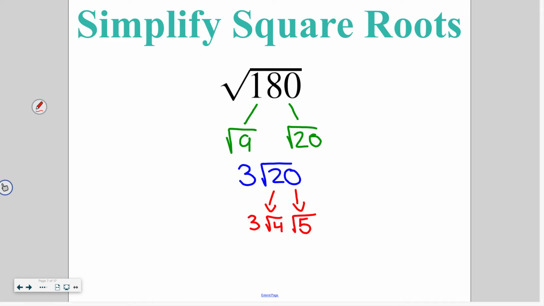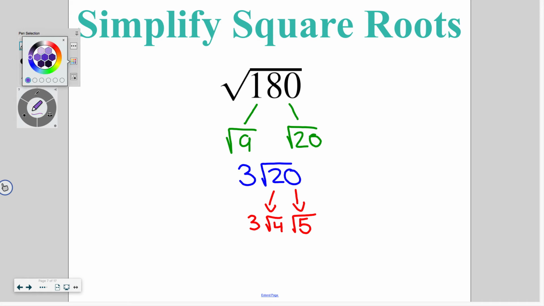So now I'm going to take the square root of 4, which I can solve, and get an answer of 2. So I've got 3 times 2, and the square root of 5 we can't solve. Then I can solve 3 times 2, which gives me 6 square roots of 5. So simplified, the square root of 180 is 6 square roots of 5.